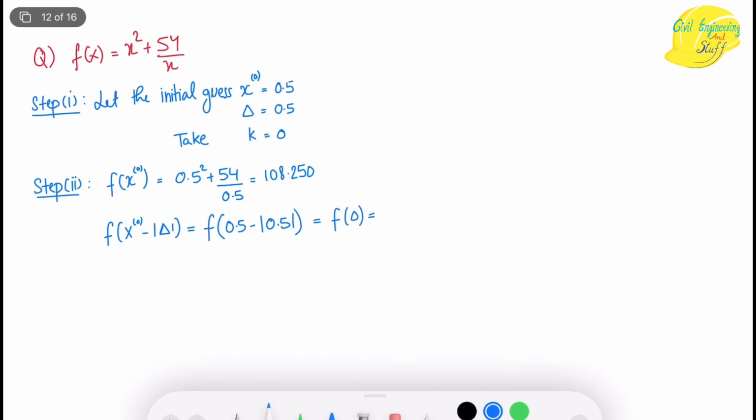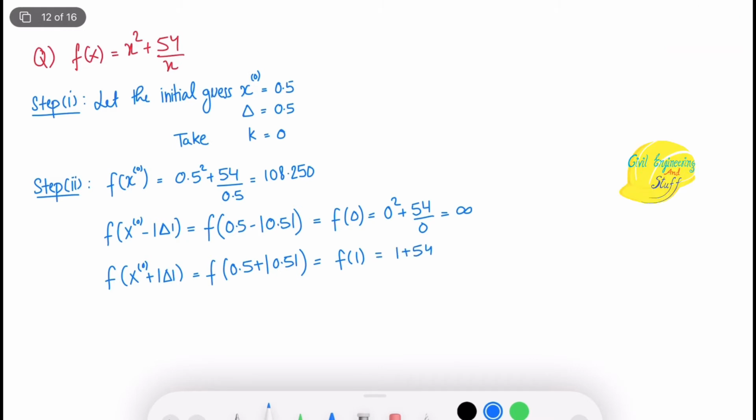Let's put 0 in the equation: 0 squared plus 54 by 0, which is infinity. Then we'll find f(x0 + delta), so that will be 0.5 plus 0.5, which will be f(1). So this is 1 plus 54 by 1, that is 55.